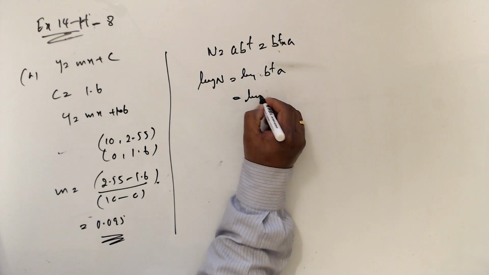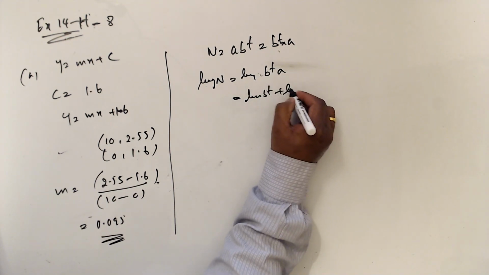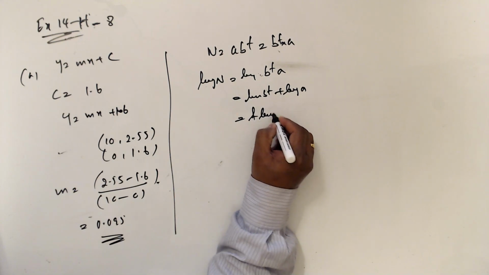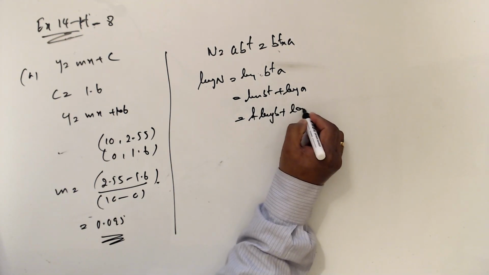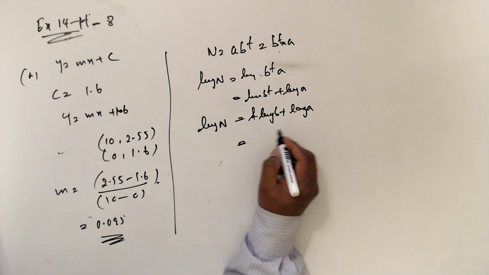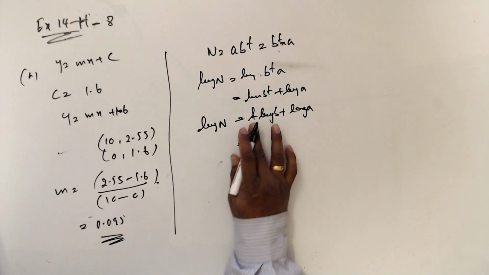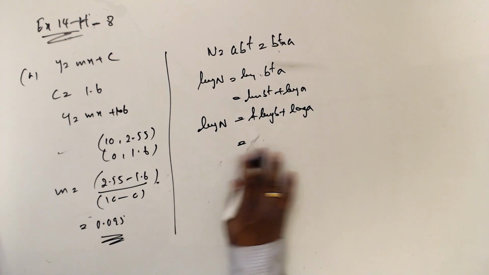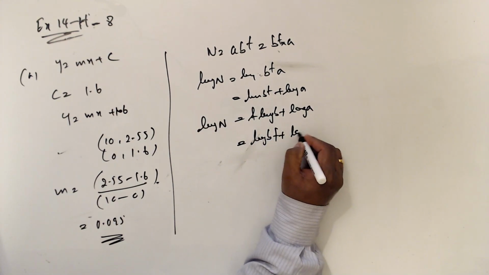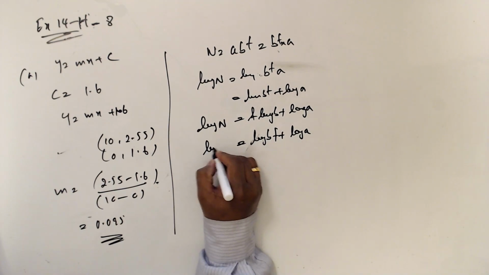So log BT plus log A. So this is T log B plus log A, log n. So log BT plus log A, log n.